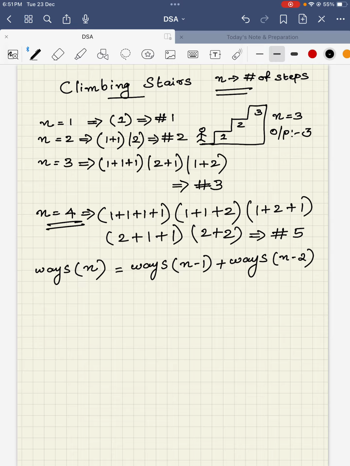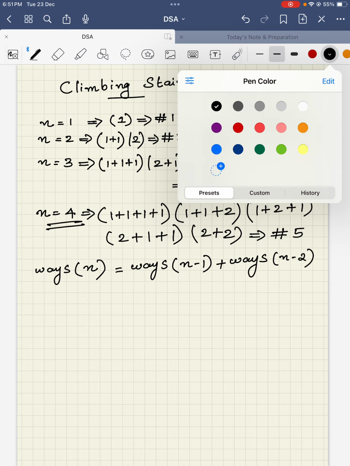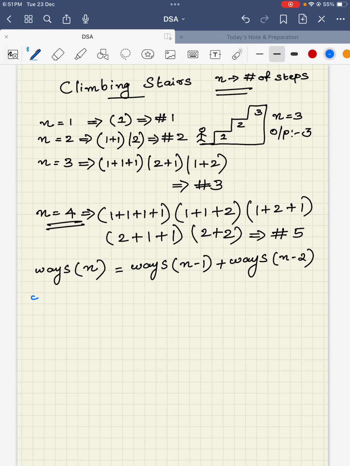So let's try to code it now. The class definition and everything I am going to write. Class Solution, and the method inside the class, let's name it climbStairs.